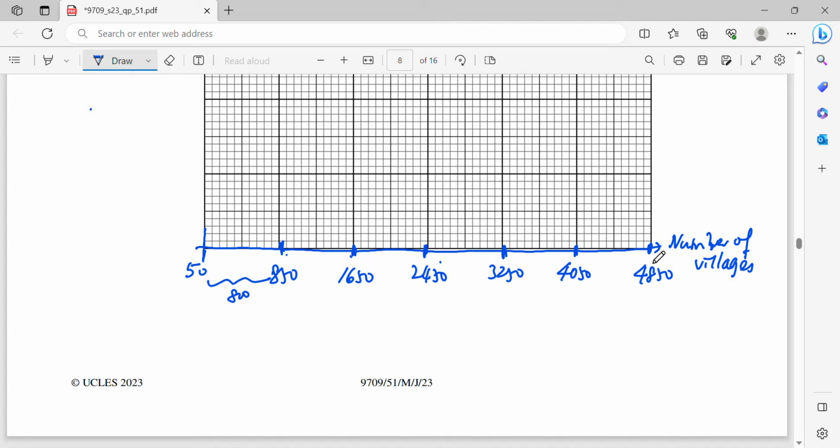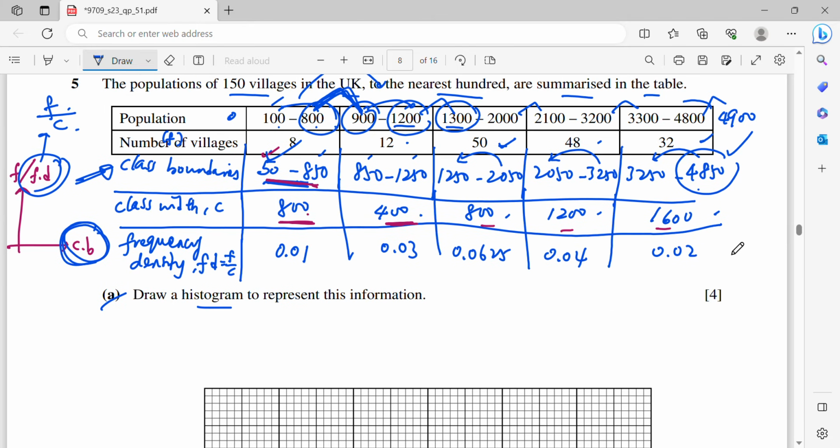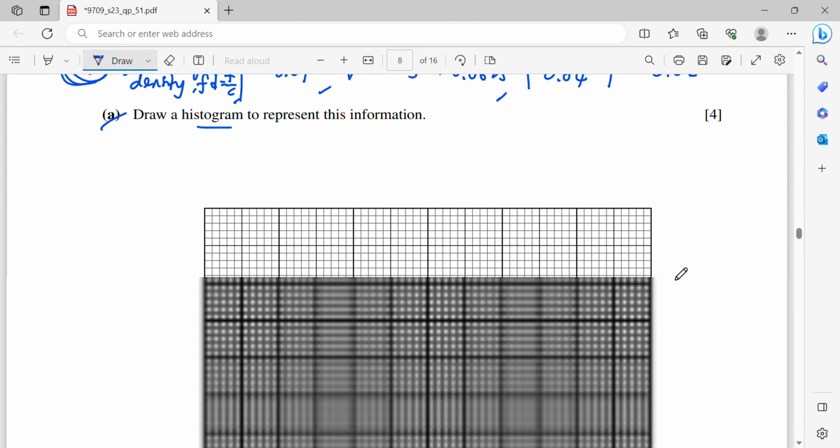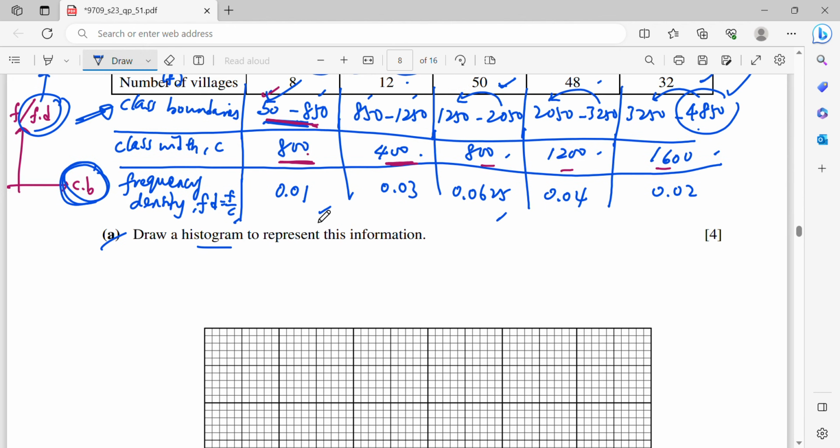Okay, then for the vertical axis, let's look at the frequency density. Lowest is 0.03, the maximum is 0.0625, the rest 0.02, 0.03. Oh, sorry, the lowest is 0.01.